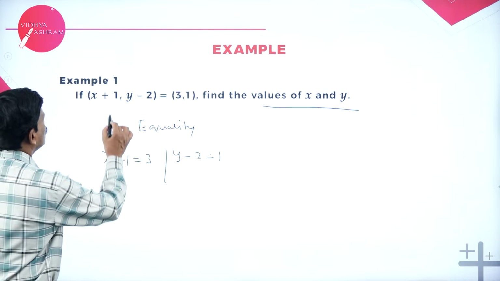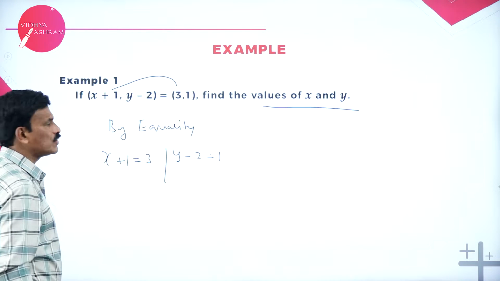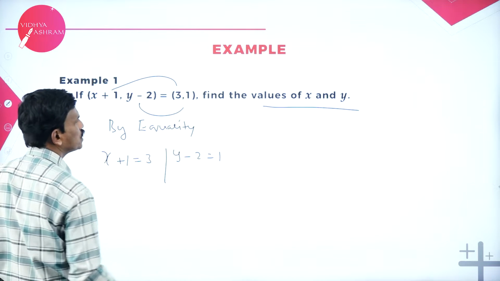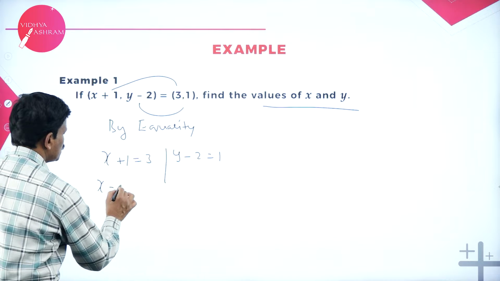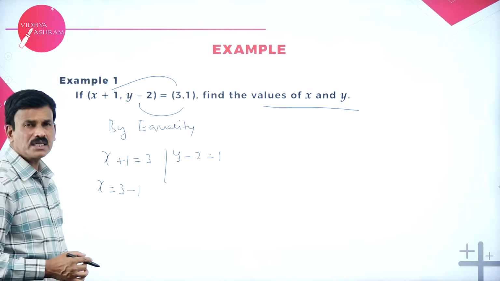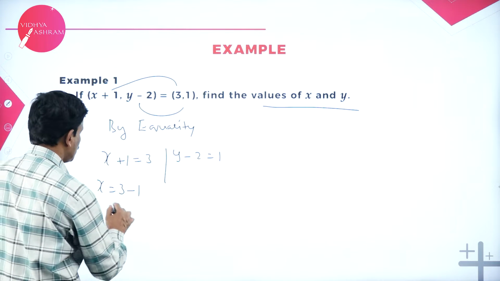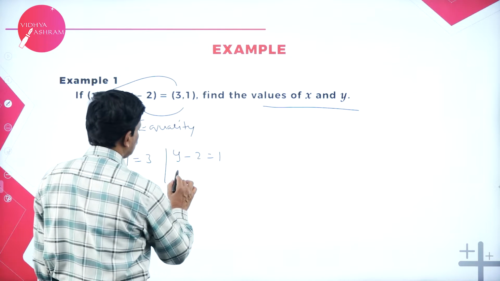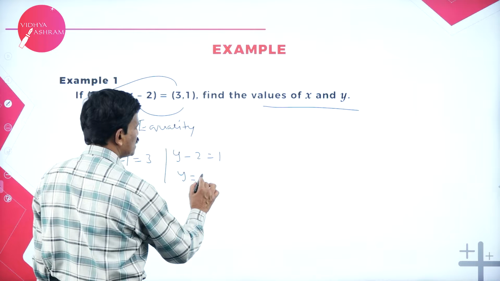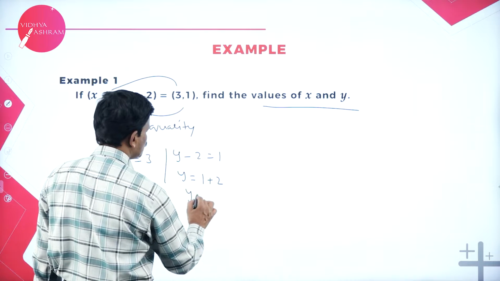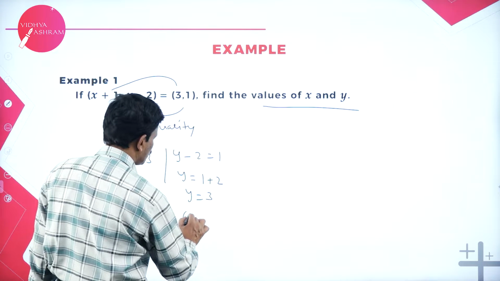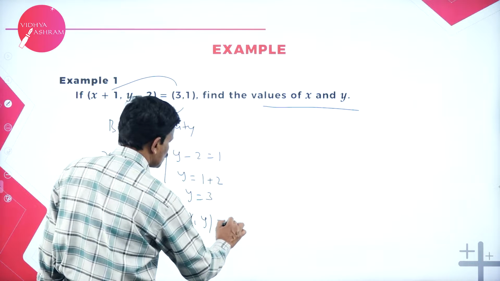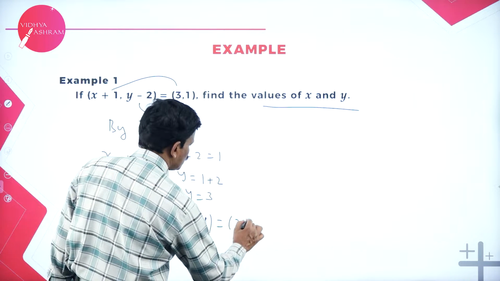So x is equal to, transfer plus 1 to the right hand side, you will get minus 1, x is equal to 3 minus 1 is 2. Here transfer minus 2 to the right hand side, this becomes plus 2, y is equal to 3. So therefore (x, y) is equal to (2, 3).